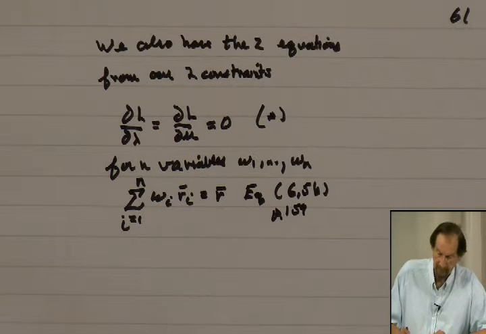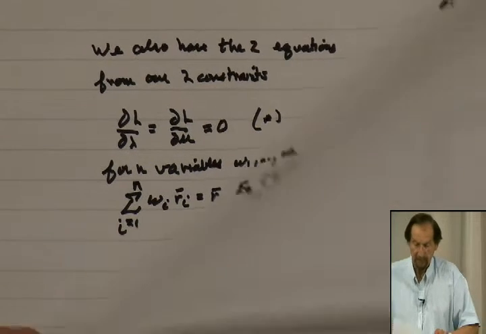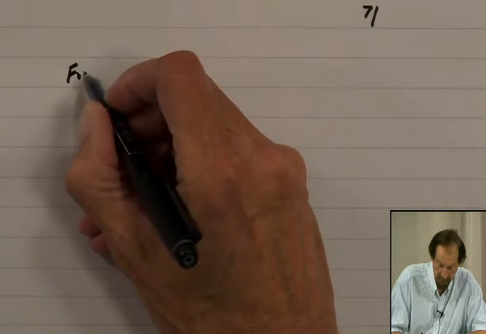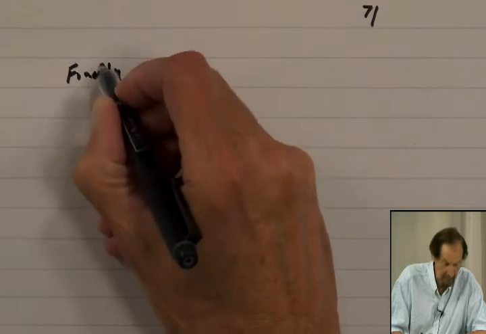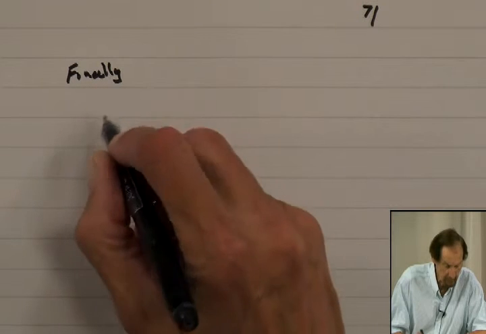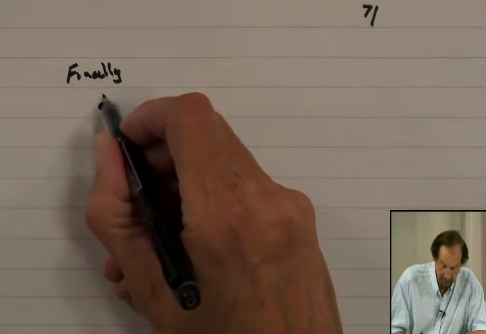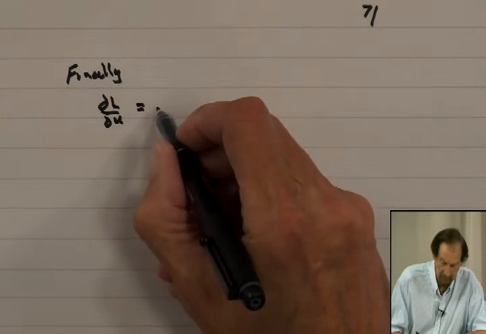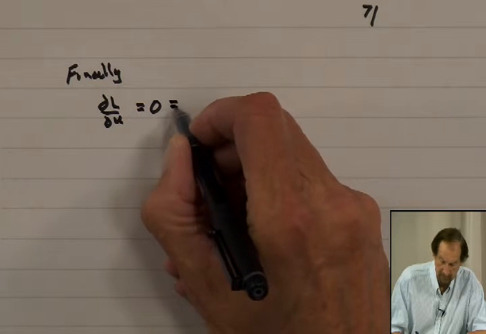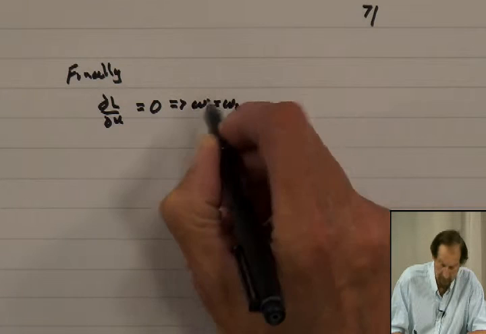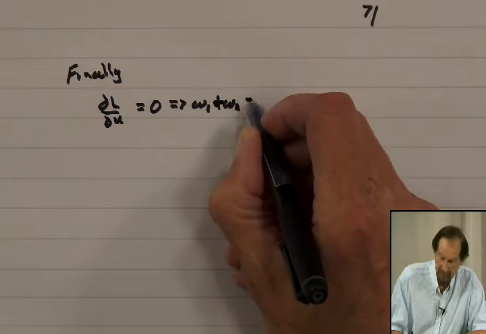And finally, we have the following. We have that the partial of the Lagrangian with respect to mu equals 0 implies that W1 plus W2, excuse me, equals 1.